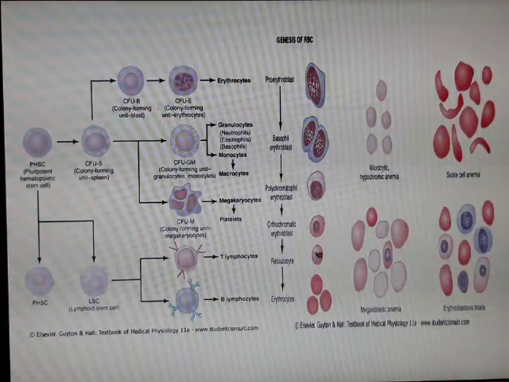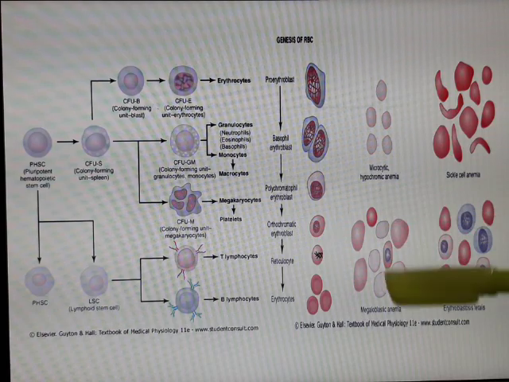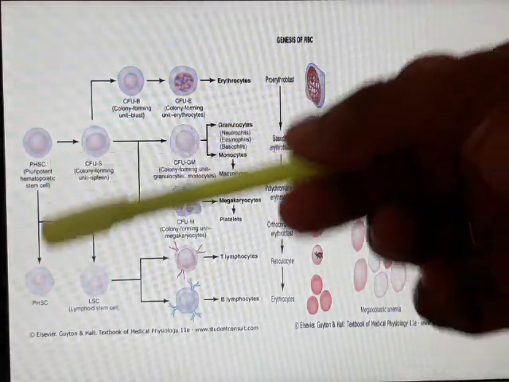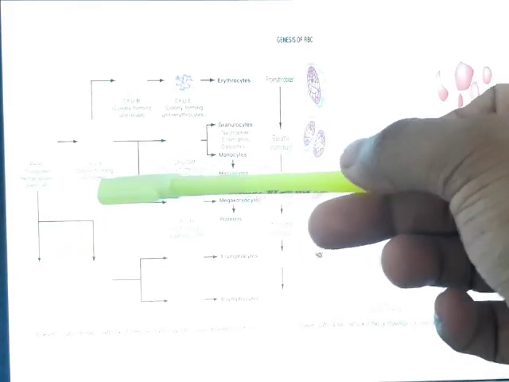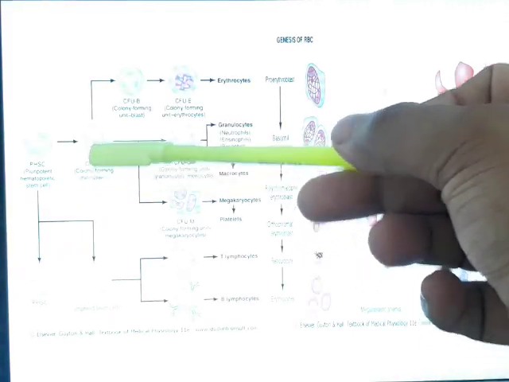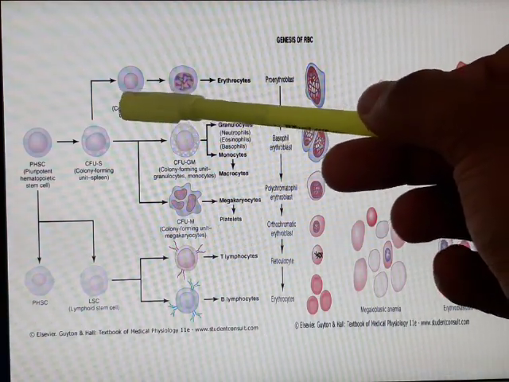So this is, in very short, showing the formation of the erythrocytes. These pictures are taken from Guyton's textbook of physiology. It's a very good book. You can all go through it. This is the pluripotent hematopoietic stem cell. As you can see, it forms many things. Out of them, the colony forming unit-spleen, and then ultimately it goes into the colony forming unit-blast.